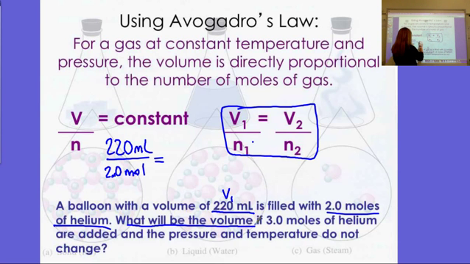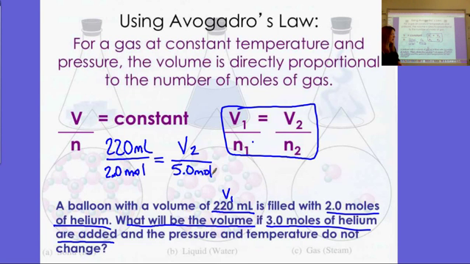What will be the volume, I'm solving for V2, if 3 moles of helium are added? Not the total volume is 3 moles, but 3 moles is added. So 3 moles plus 2 moles, my N2 has to equal 5 moles.